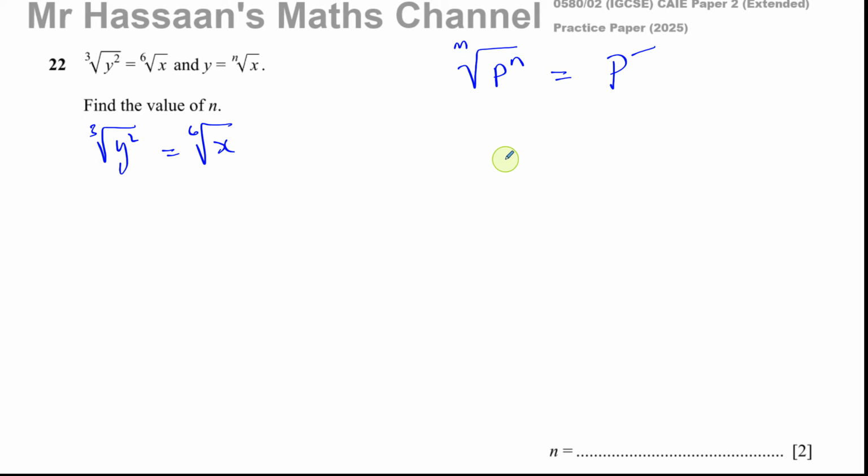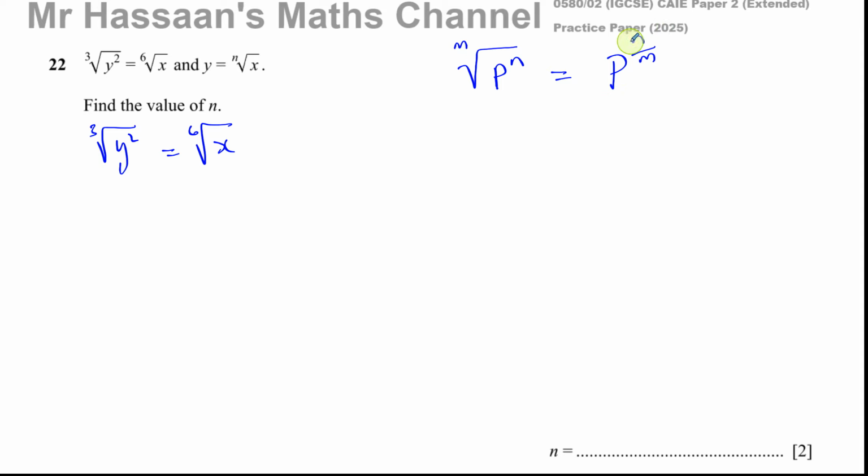And the numerator of the fraction will always be the power that the term inside the bracket is raised to. So here, this would be p to the power of n over, and the root will always be the denominator. So the root is the denominator and the power is the numerator of the fractional index.